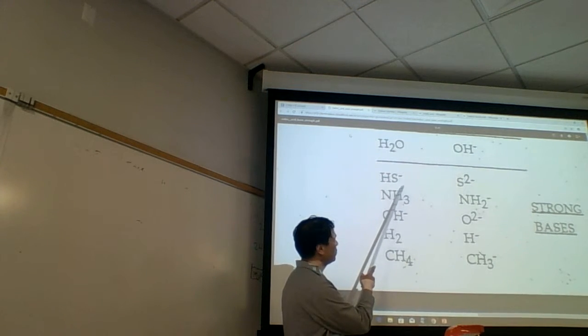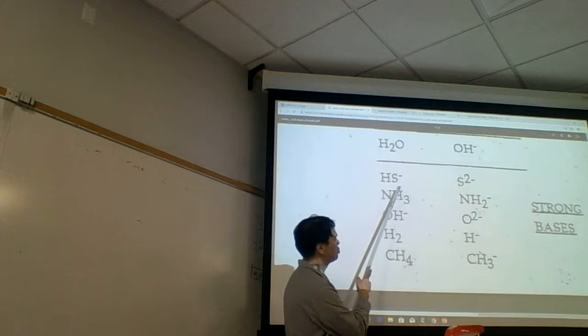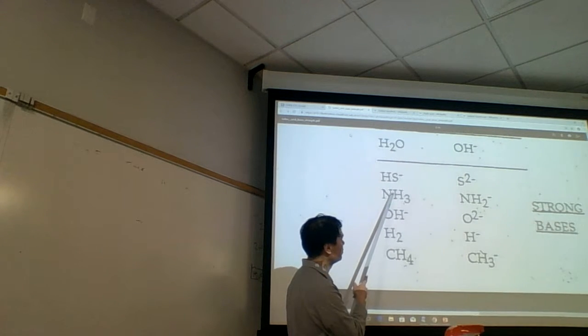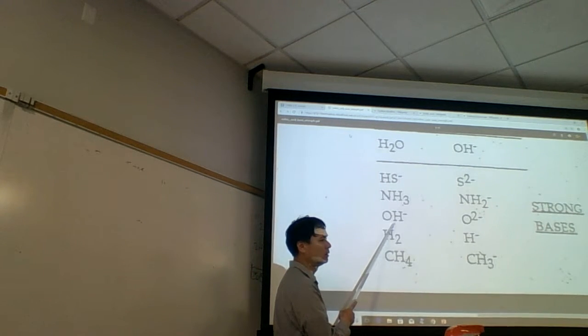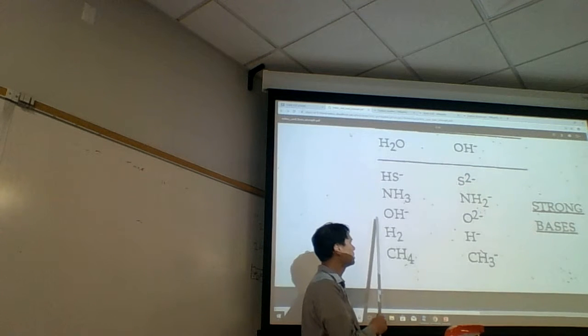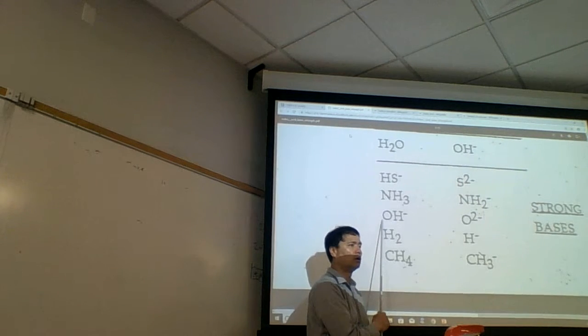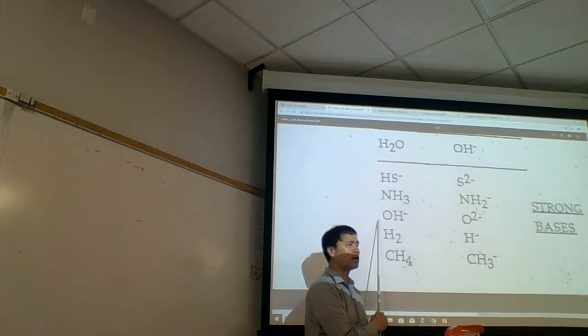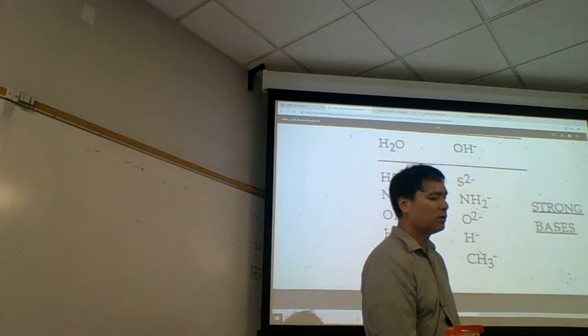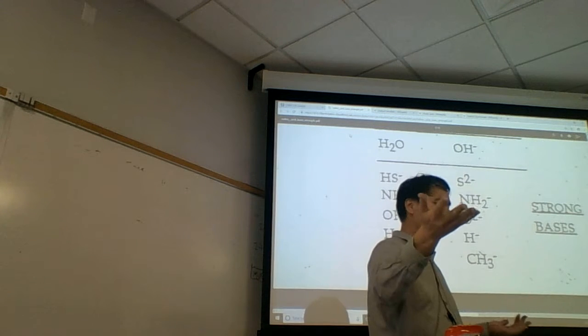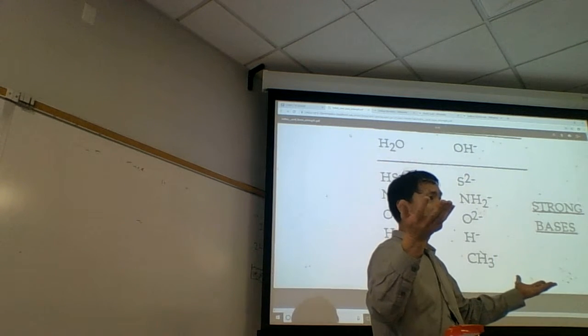Hydrogen sulfide ion, we must use ion there because H2S is also called hydrogen sulfide, so we want to avoid confusion. This one, ammonia. This one, hydroxide. This is very unusual because hydroxide is considered a powerful base, not an acid, but you know, some things can go both ways. The things that can go both ways, they can act as an acid or they can act as a base.